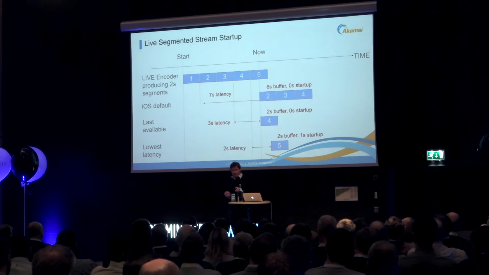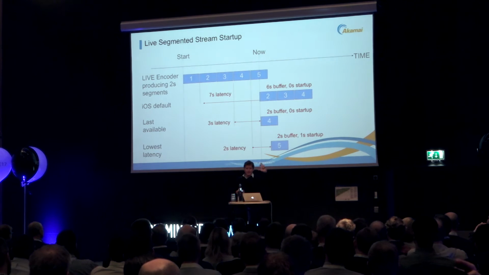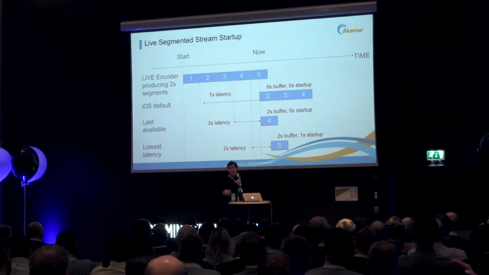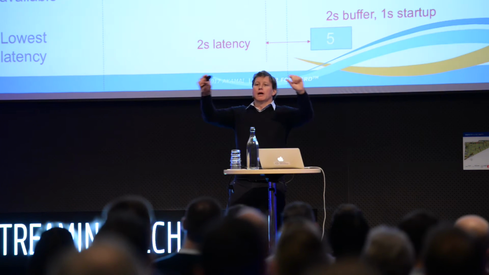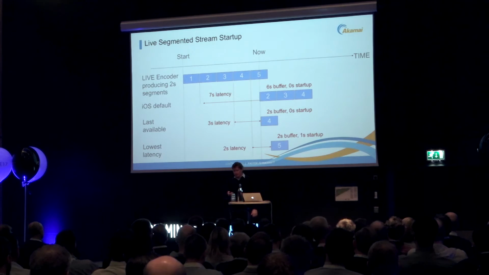The interesting part about this is we have the same stream coming out of an encoder, but the latency can vary from 7 seconds down to 2 seconds, purely based on the player starting algorithm. And I'm not sure a lot of people, we tend to focus on the encoder and the latency and the segment duration. We don't focus so much on what our player is doing when it actually starts up.